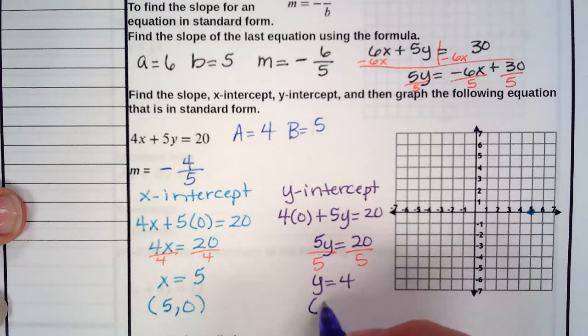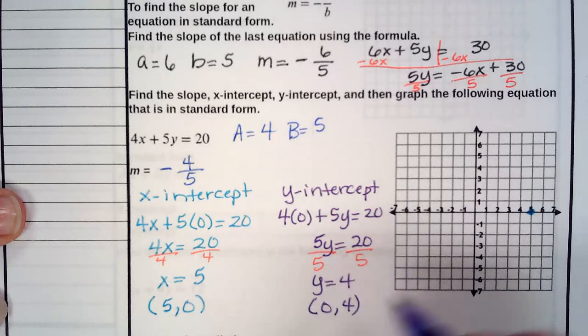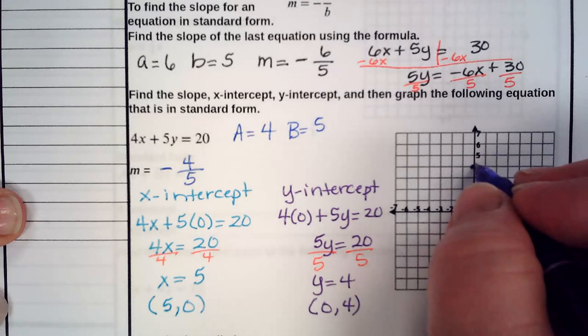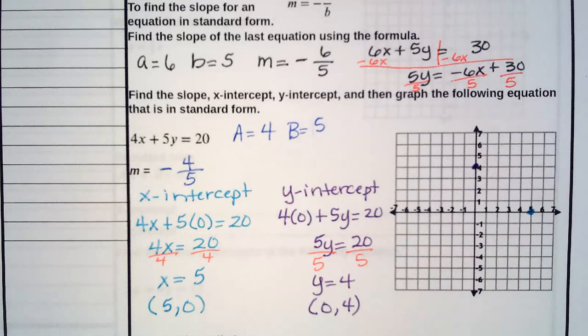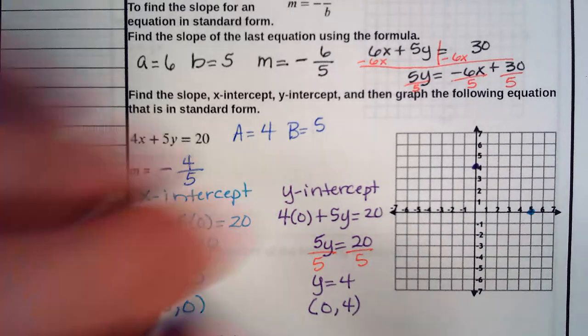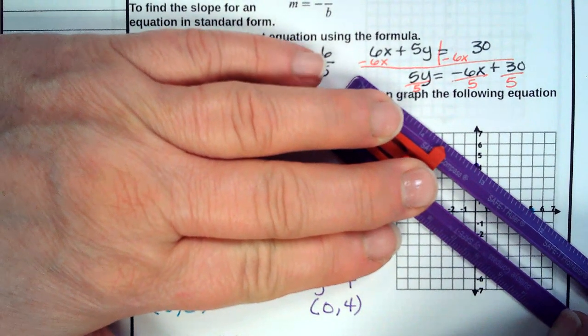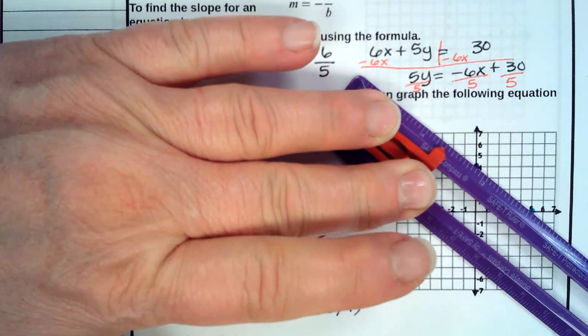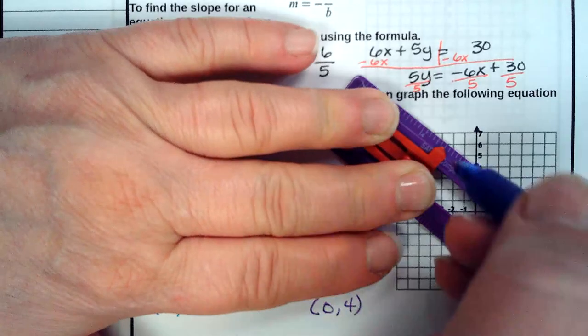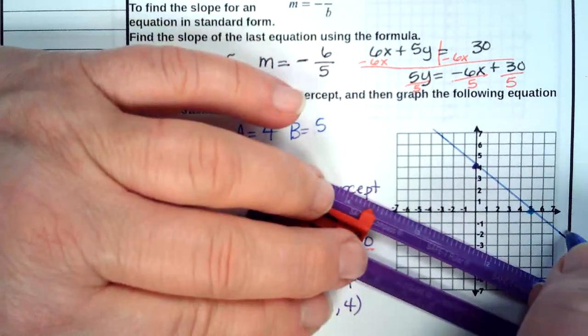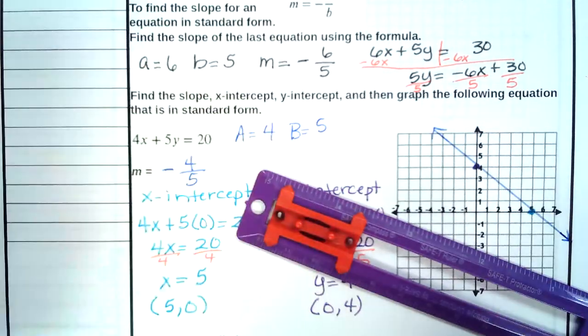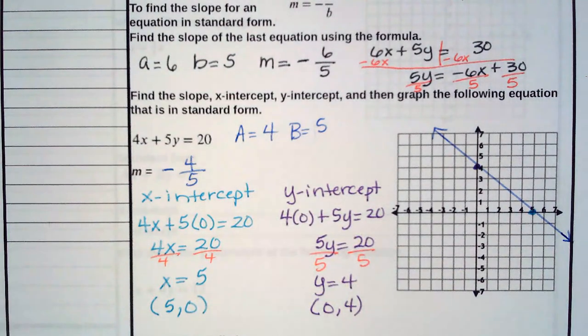So this is the point (0, 4). I now have 2 points, and I can graph my line. Hopefully you got it correct. If you did not get it correct, back up the video and watch parts of it again to get the understanding that you need.